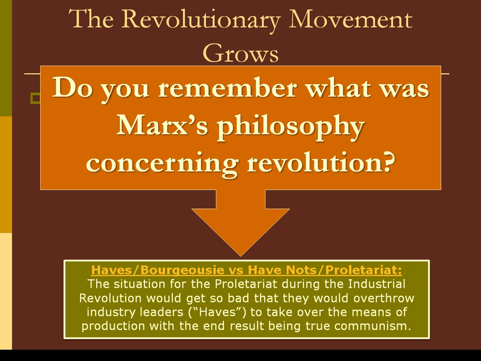Bad working conditions, child labor, injuries, dangerous working conditions, all of those things would get so bad that they would overthrow the industry leaders, the capitalists, or the haves, the bourgeoisie, and take over the means of production. When they took over the means of production, they would redistribute it to everyone, and everyone would be equal. Eventually, the need for a government would no longer exist, and that would bring about true communism.